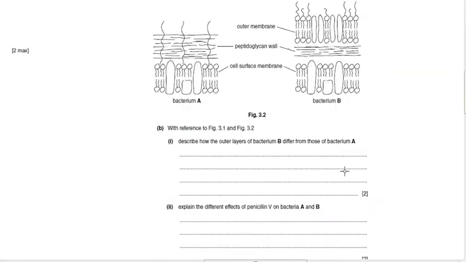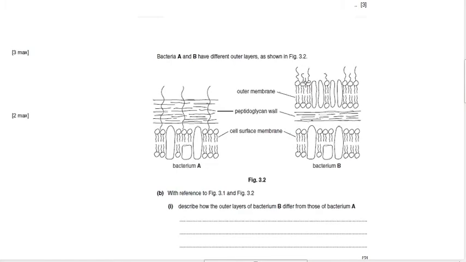Then describe how the outer layers of bacterium B differ from those of bacterium A. So we can see here we have bacterium B and bacterium A. The outer membrane: bacterium A has a large peptidoglycan wall and no outer membrane, while this one has an outer membrane.